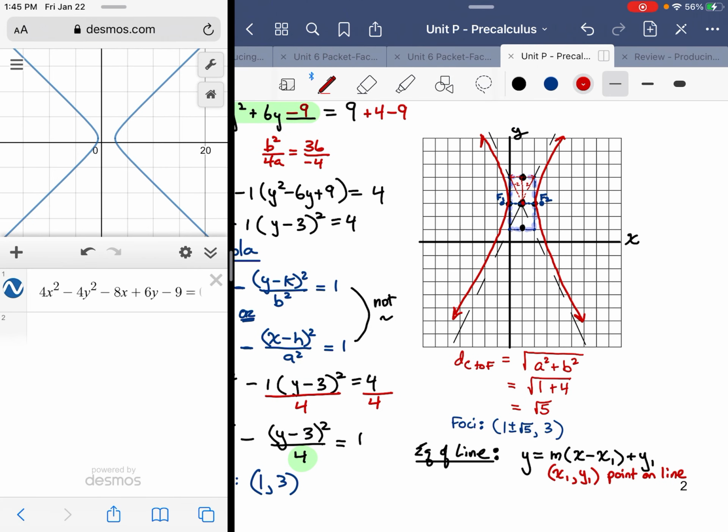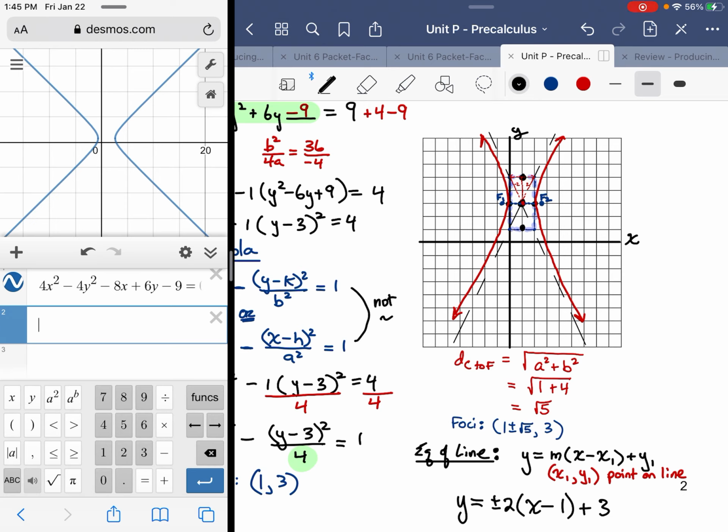So my asymptotes would be the equations. Really, they're only differing by the slope, right? So it would be y, I'm going to thicken that up, y equals plus or minus 2 times x minus, we know the center is a point on the line, x minus 1 plus 3. All right.